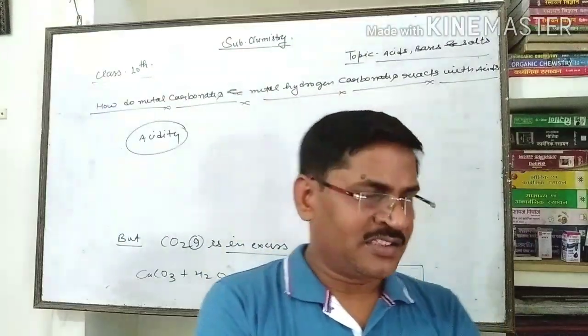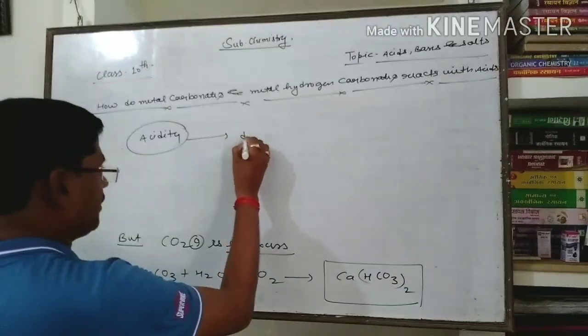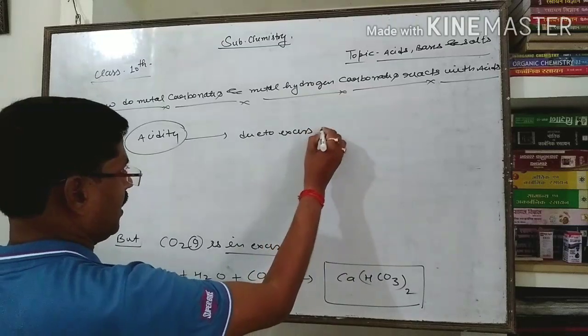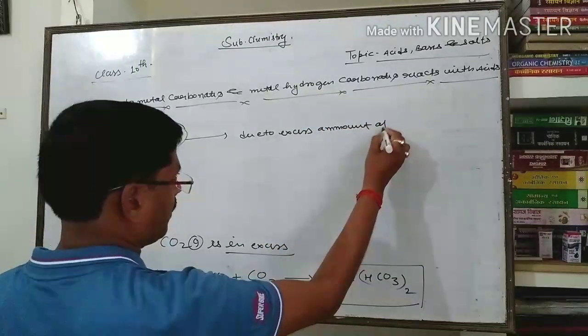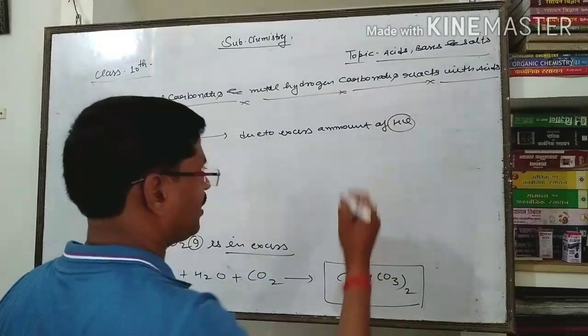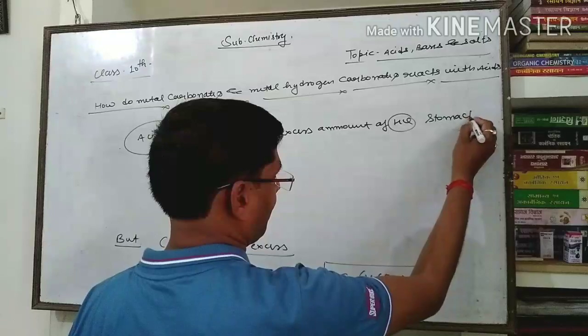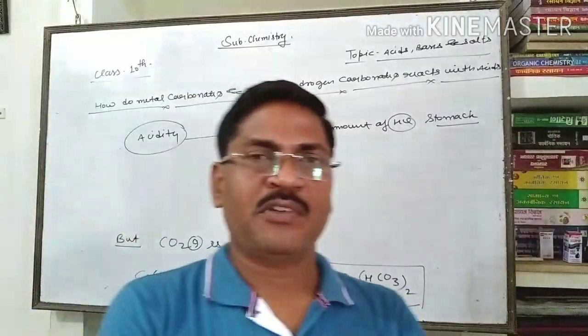So you are understanding that acidity is due to the excess amount of HCl, hydrochloric acid, in the stomach. So chemically, by the reaction, you have to neutralize this.